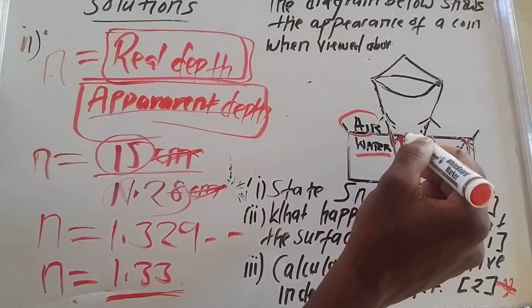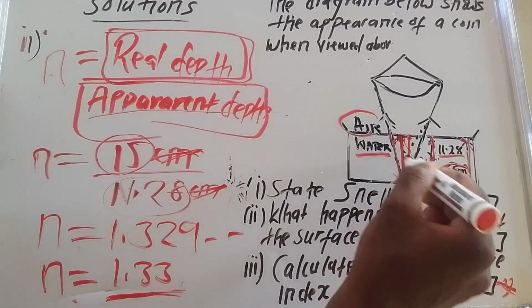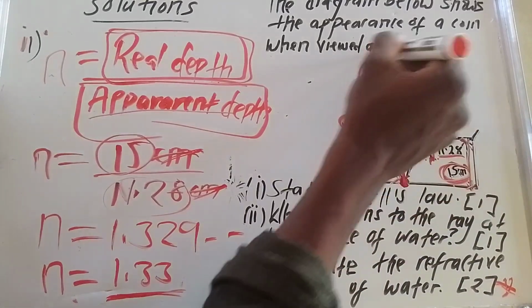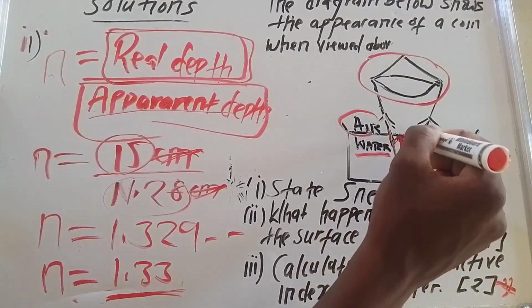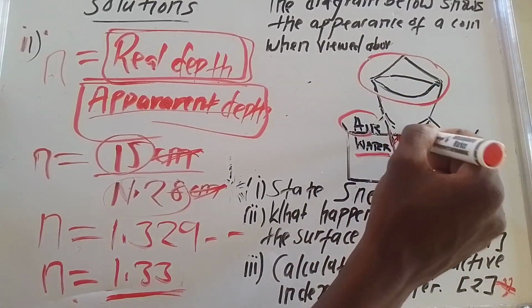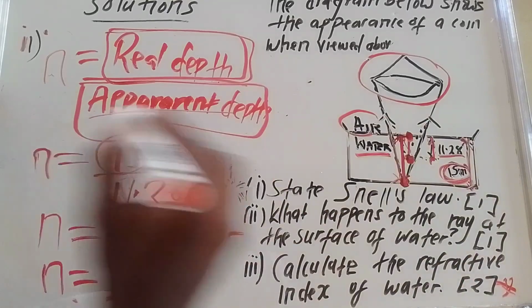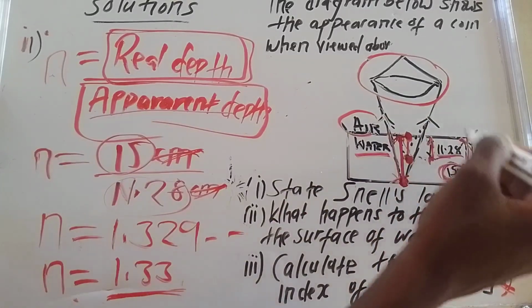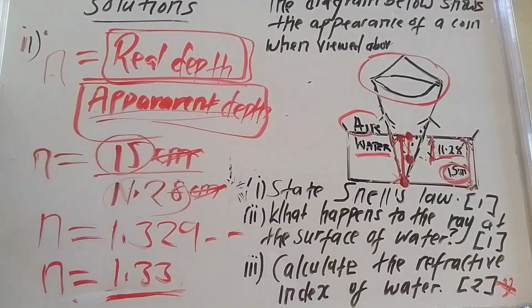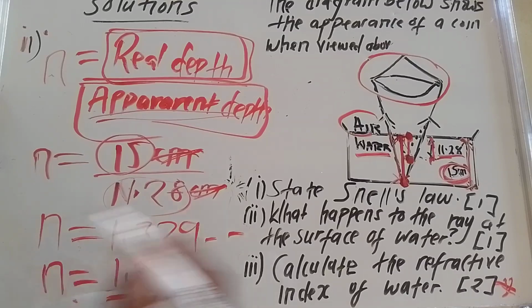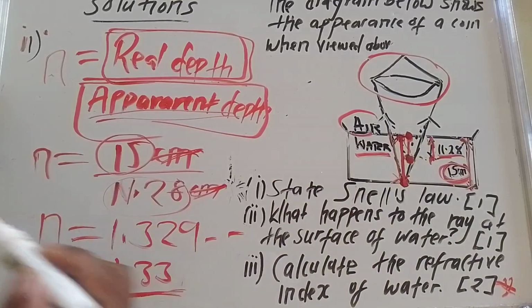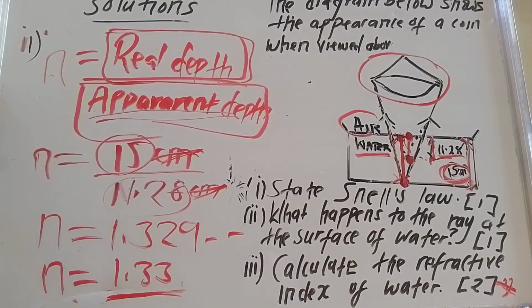And then the height from the surface of the water up to the point where the coin is being viewed from above is referred to as the apparent depth. So you need to understand that.